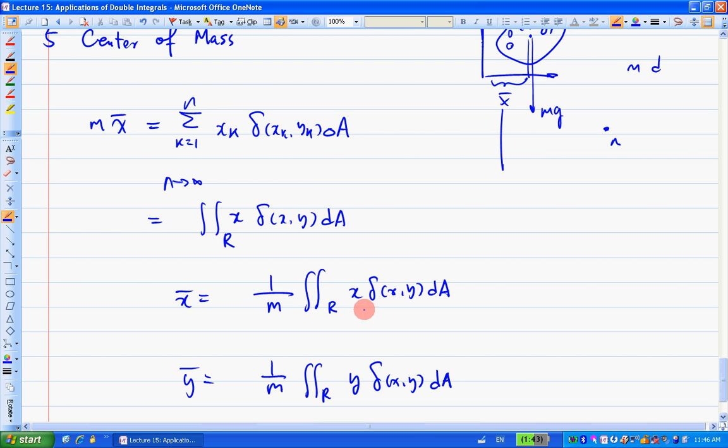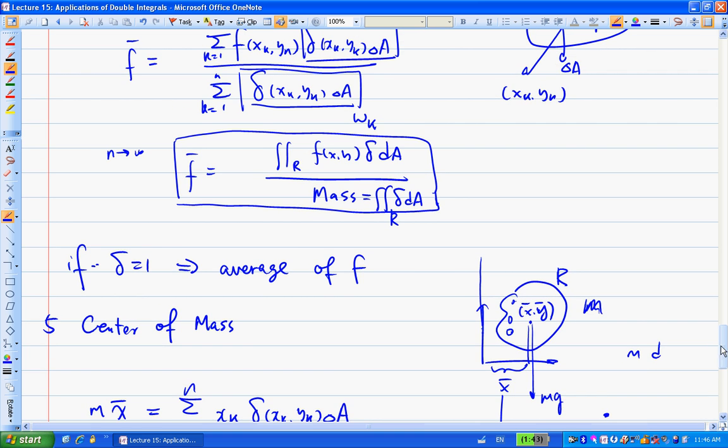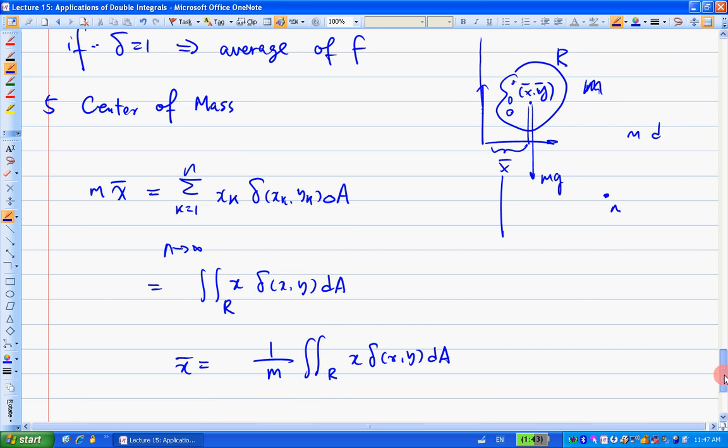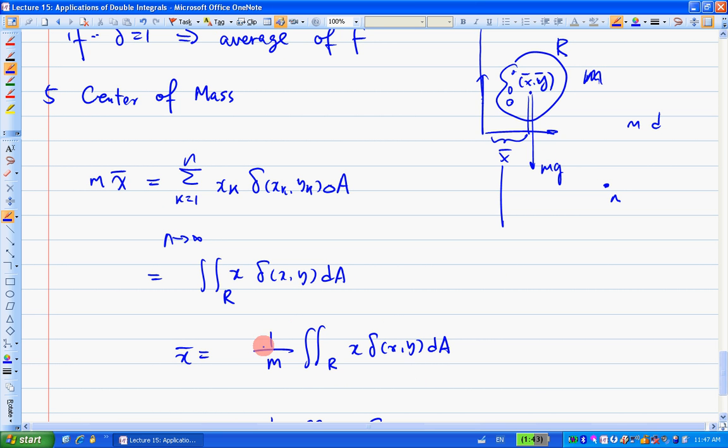Now, as a matter of fact, if I look at these two equations and compare them with this average here, this is the formula for the weighted average of function f. All I'm going to do is change this f to x. If I change this f to x, I get this guy here.